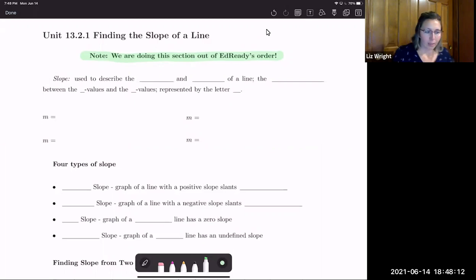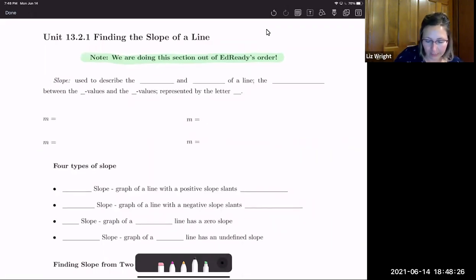All right. So the slope of a line, our first definition we're going to fill in there is, what is the slope of a line? The slope of a line is used to describe the steepness and the direction of a line.